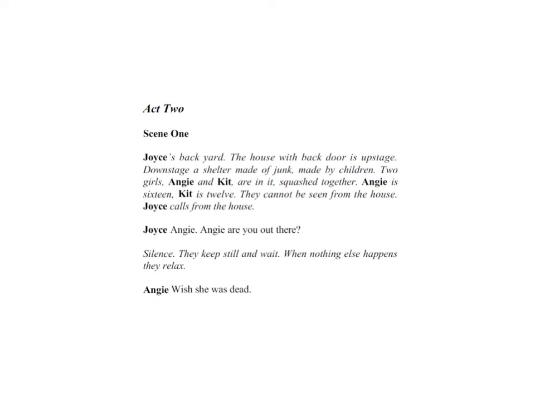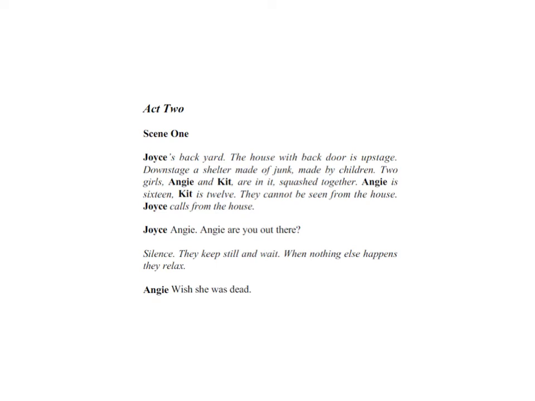Angie and Kit and Joyce are living in a lower class kind of poverty, a life of poverty and ignorance. And you look at Joyce's parenting skills, and you think this person is really clueless about how to raise a child.